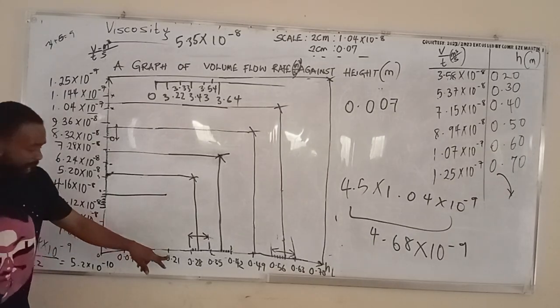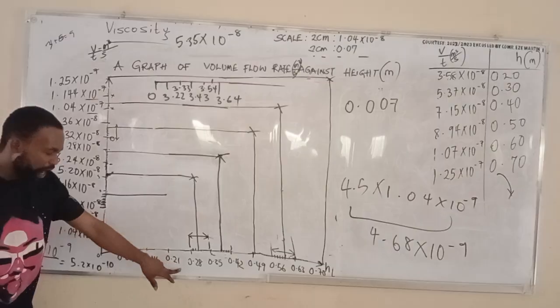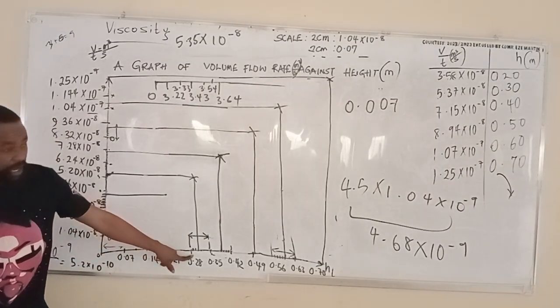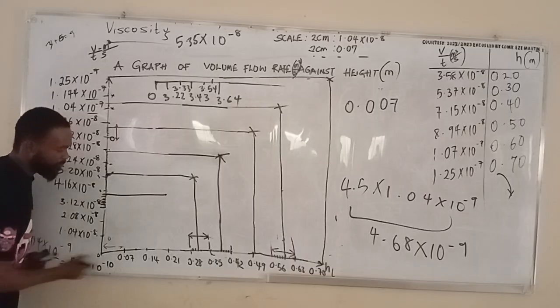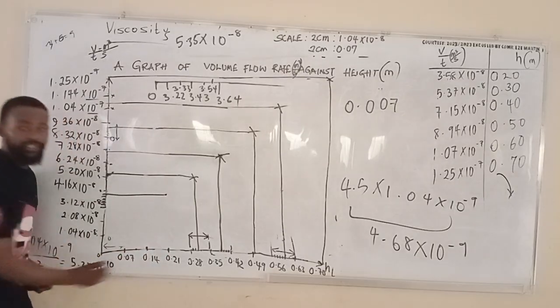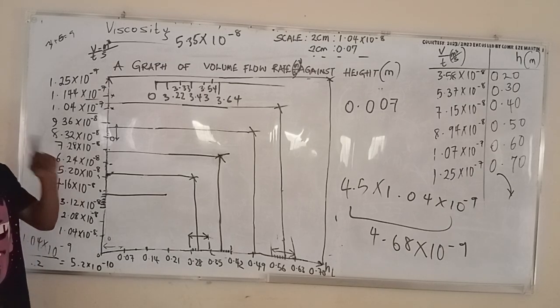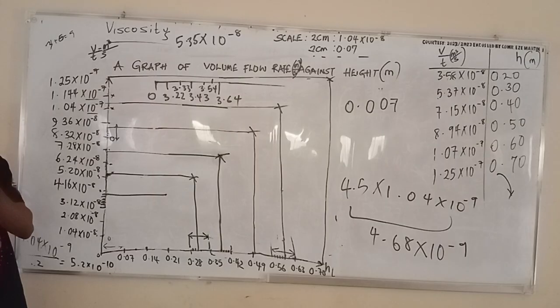Now notice something. I am having 0.21 and I am having 0.20. All I need is 0.20. That means it should be from here to here. Is it not true? Yes. Before you shift that. Now what I'm doing is to say 0.07 times 10 is what? Is 0.7?